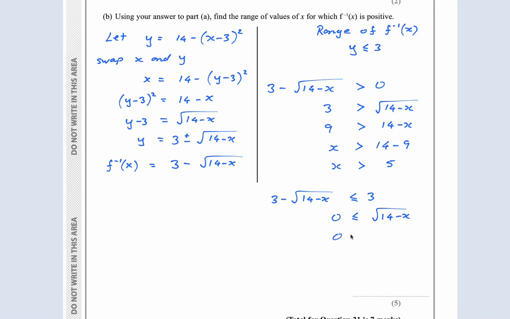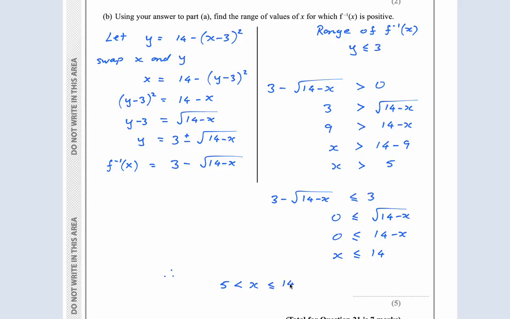Square both sides. 0 is less than or equal to 14 minus x. Add the x over here. X is less than or equal to 14. Therefore, the range of values of x, x has to be bigger than 5 without the equal sign and less than or equal to 14 with the equal sign.